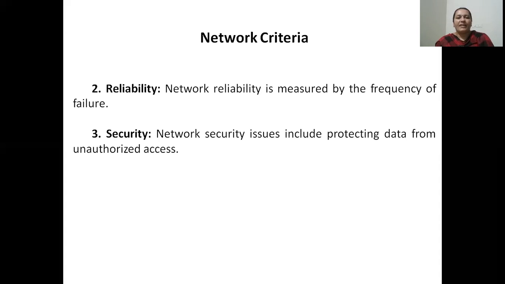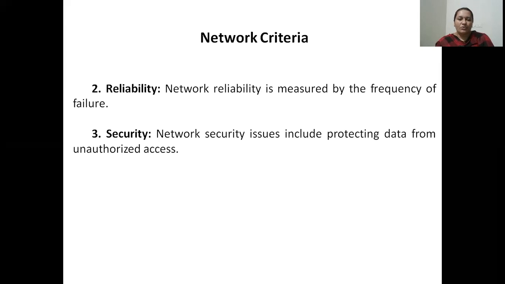The third criteria for quality of service for the network is security. So as we all know, a computer network is an interconnection of several computers. Several users from various nodes will be accessing services on the network. So how do we protect the privacy of data of the users who are using the network is one big question.